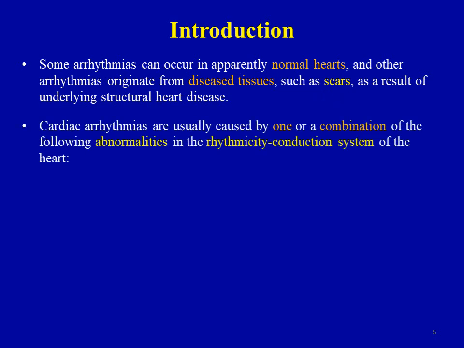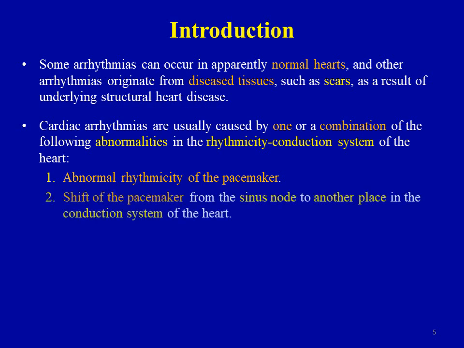Cardiac arrhythmias are usually caused by one or a combination of the following abnormalities of the rhythmicity conduction system of the heart. For example, abnormal rhythmicity of the natural pacemaker of the heart, which is the SA node. So either the SA node is firing at a fast rate or at a low rate, or it is firing irregularly.